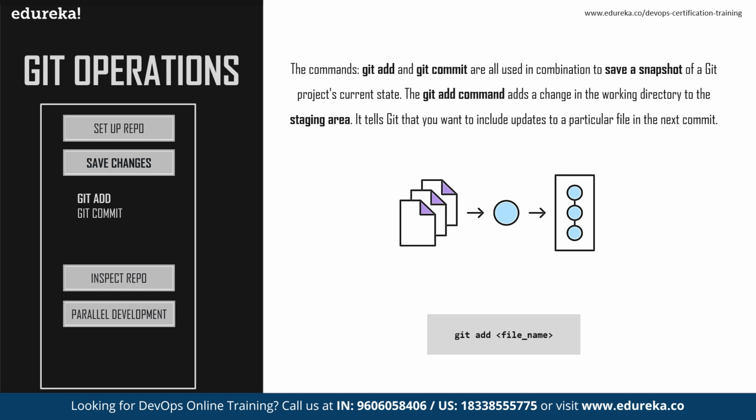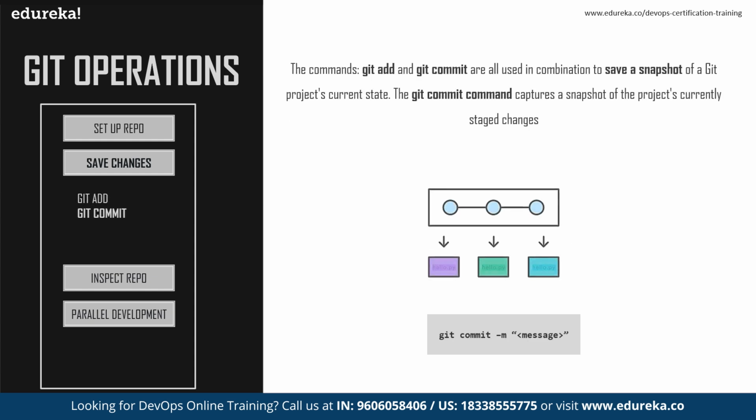So basically what you do is first you use the git add command to add a change in your current directory or your working directory, and you add that to the staging area. It tells Git that you want to include a particular set of updates or changes in a particular file in the next commit. Then what you do is you move on to git commit after making the changes to your working tree.